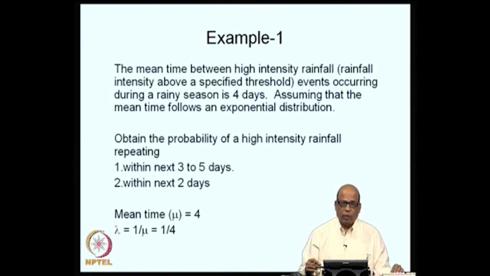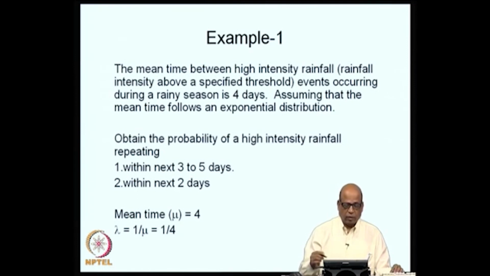Obviously, that is 90 millimeters per hour occurring over 12 minutes and not over the whole 24 hour period. So, in urban situations as well as in fluvial flooding situations, where river flooding is concerned, we would be interested in obtaining the recurrence time of high intensity rainfall.